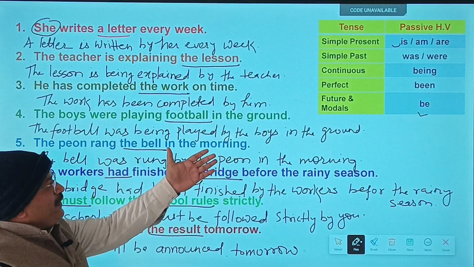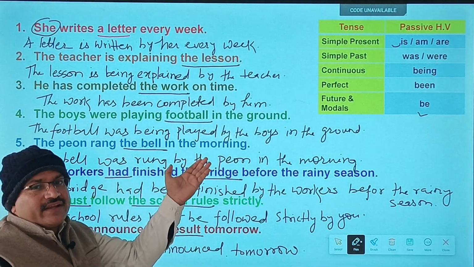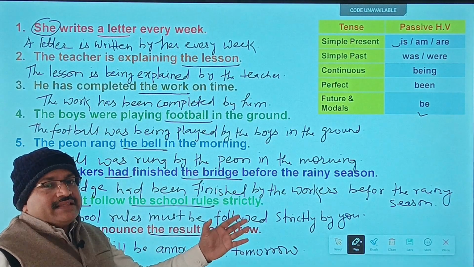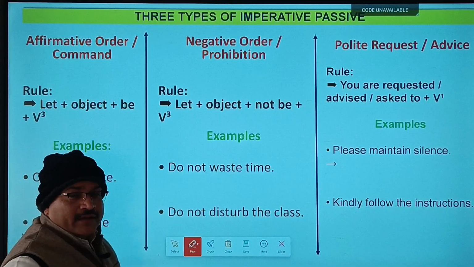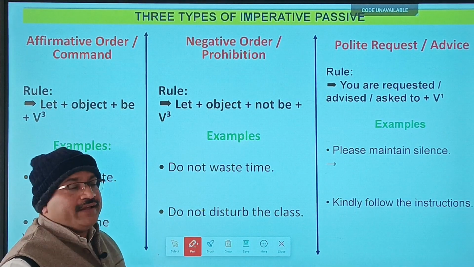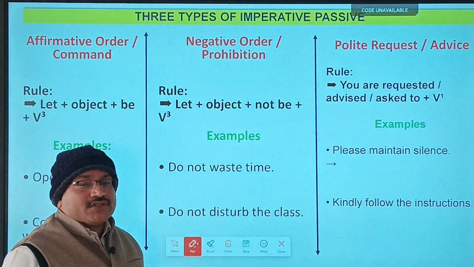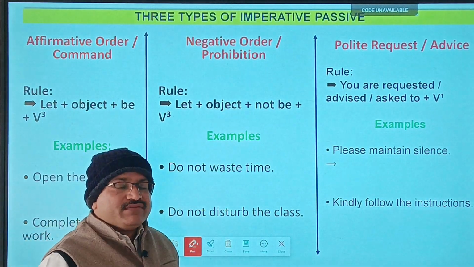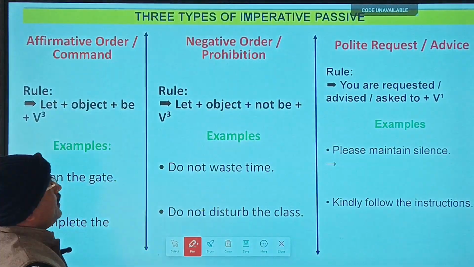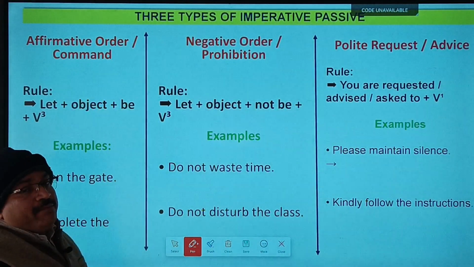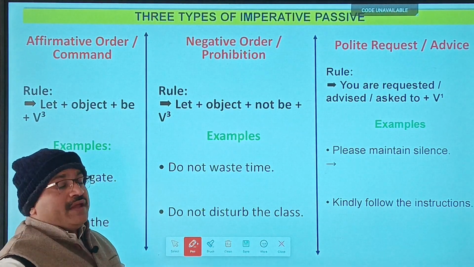So this is how we change sentences into passive voice when the sentences are based on tenses. Now friends, next we have imperative sentences. How to change an imperative sentence into passive voice. We are going to talk about three types of imperative sentences here.